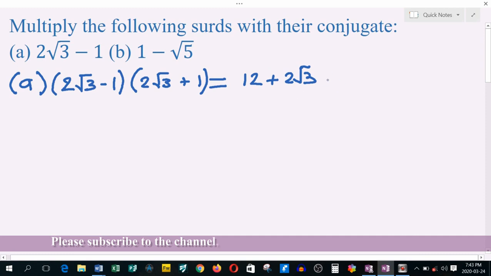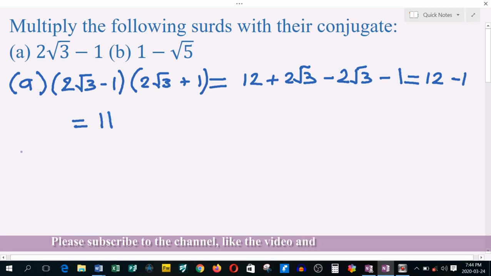Minus 1 times 2 root 3 will give us minus 2 root 3. Minus 1 times 1 will give us minus 1. You can see that when we add 2 root 3 with minus 2 root 3, the surds will be removed. What we have left is 12 minus 1, and this will give us 11.